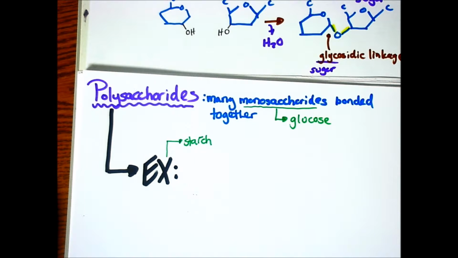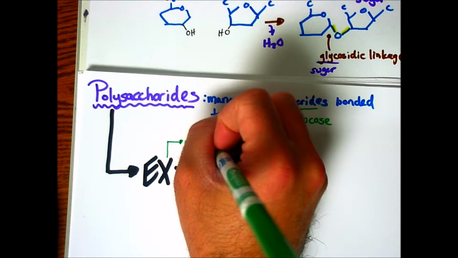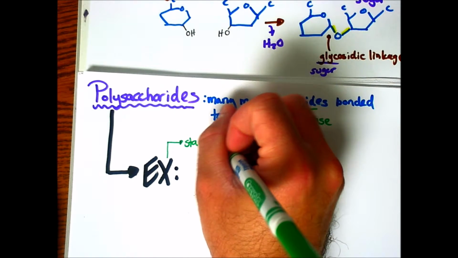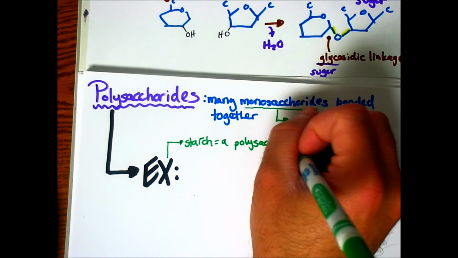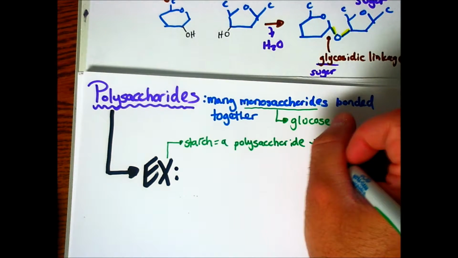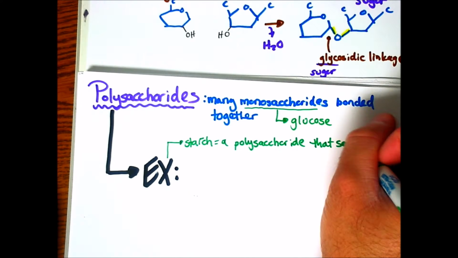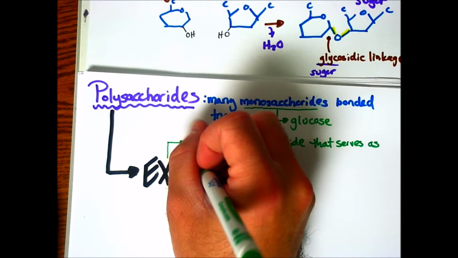When we think of starch, we oftentimes think of these pieces of a vegetable that are worth maybe some large amount of energy. So a starch is a polysaccharide made of glucose, and this polysaccharide serves as energy storage for a plant.